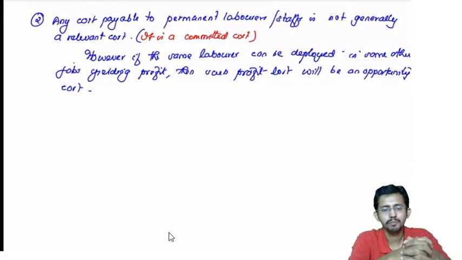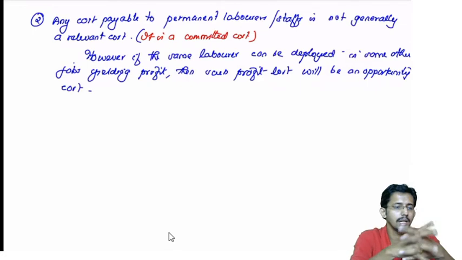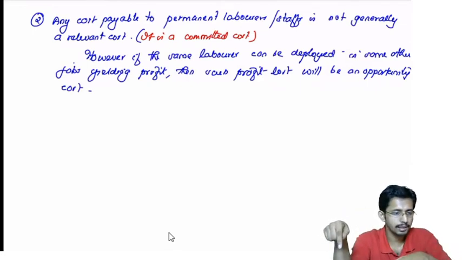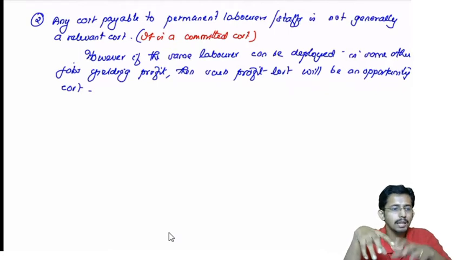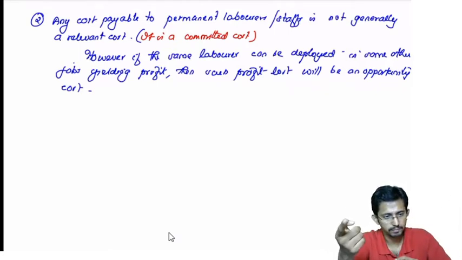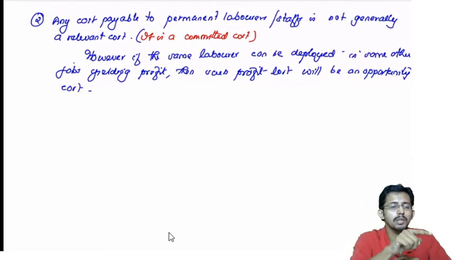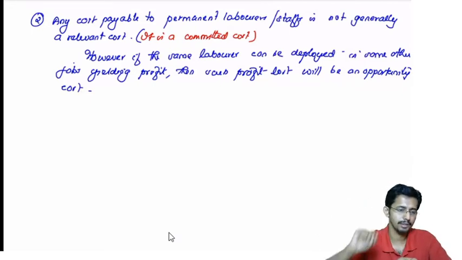Just assume you need the service of the chartered accountant for that job. That means if you accept this audit which you are evaluating now, then you can't use this chartered accountant for the other audit, due to which whatever gain you would get from that audit will become an opportunity cost of executing this audit.